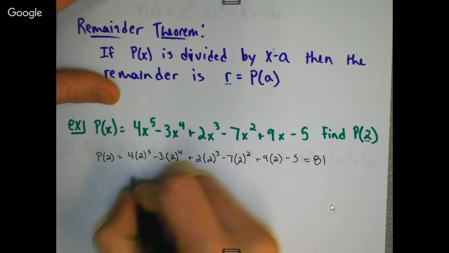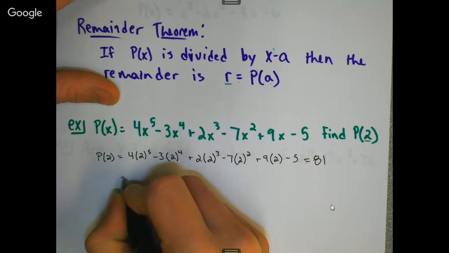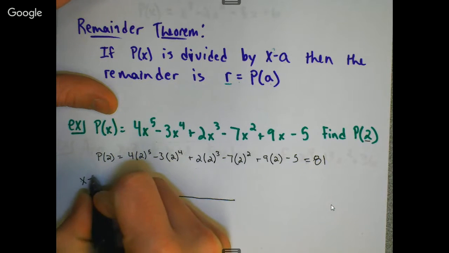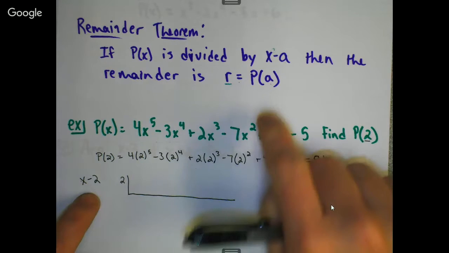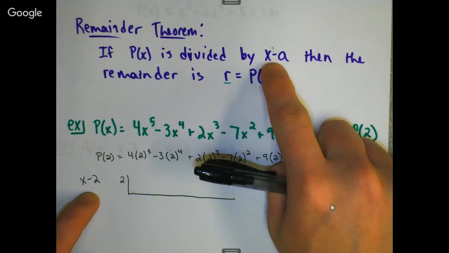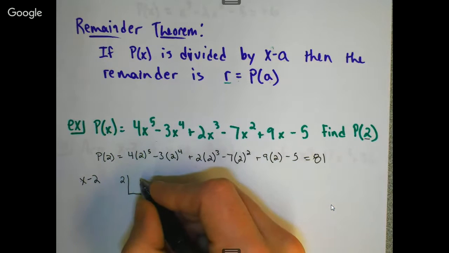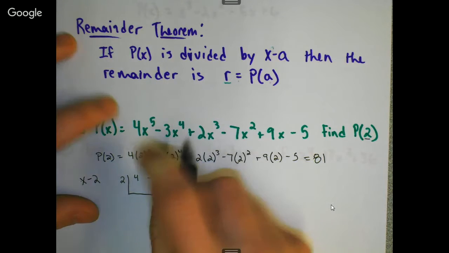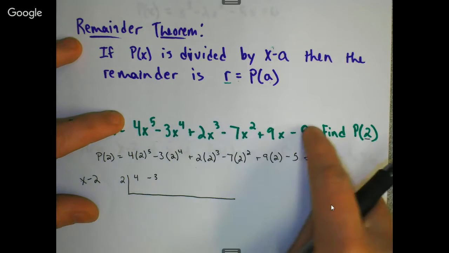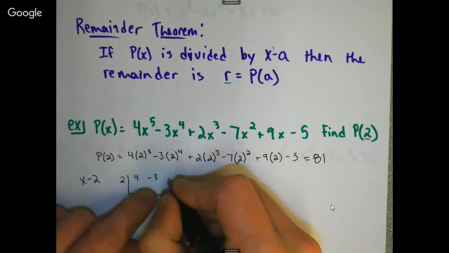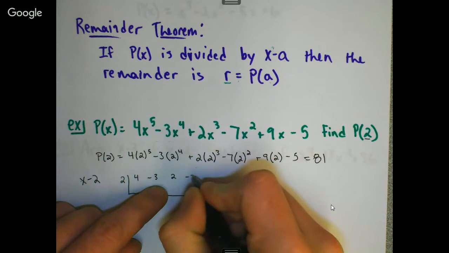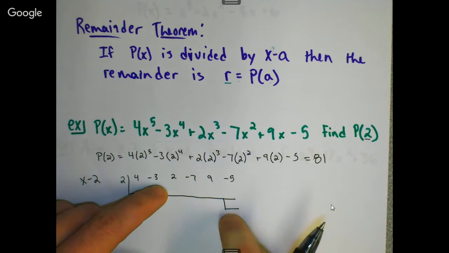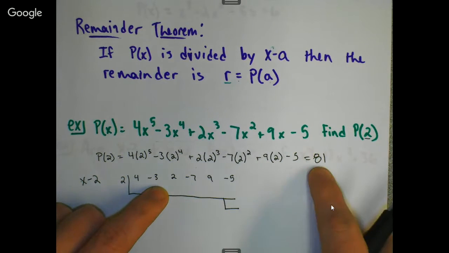If I divide this polynomial by x minus 2, which is the 2 here, I put in my coefficients, 5, 4, 3, 2, 1, 0. Now I don't have to put in a placeholder. What I'm looking for is this number right here. I'm wanting that to be 81.